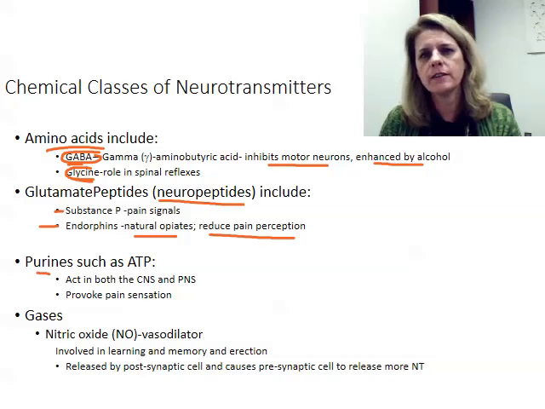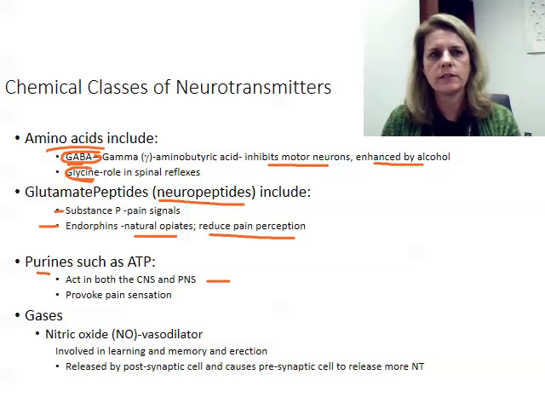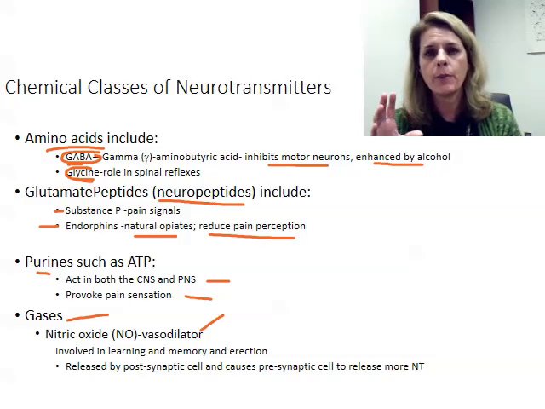You have some purines like ATP. These work in the central and peripheral nervous system. And again, they're for pain. And then you have some gases, for example, nitric oxide. And nitric oxide works as a vasodilator. It's actually a gas. It causes the arteries and capillaries to open up. And so if you open up the capillaries, that allows more blood to go into an area.